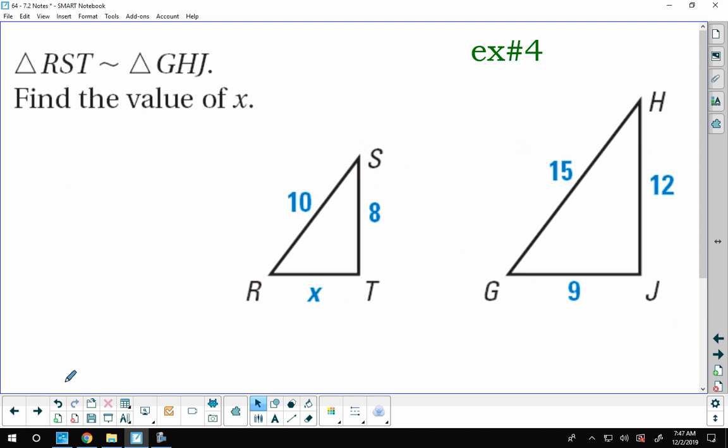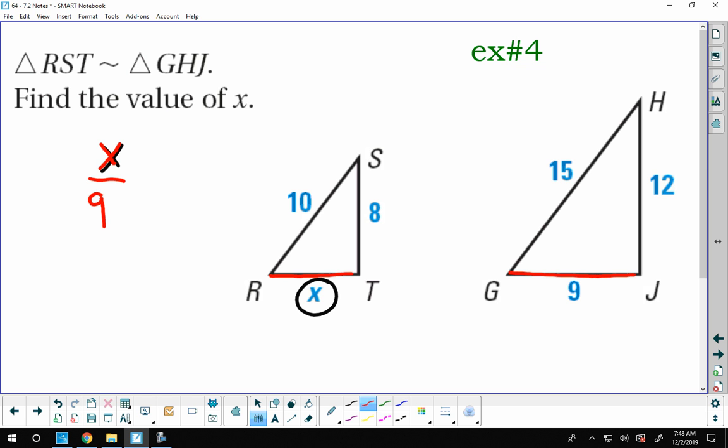So now they're telling me that these two triangles are similar, which means that I can set up a proportion to solve for my unknown variable here, which is x. There are multiple different proportions that you could set up to solve for your variable. I always start with the variable. So x in the small triangle corresponds to 9 in the big triangle.